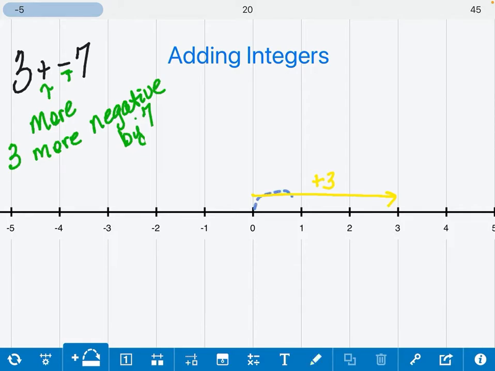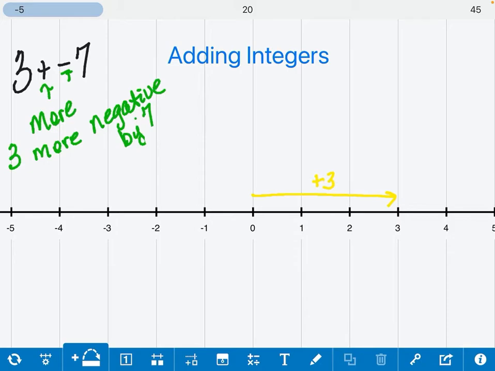One more time, 1, 2, 3. You're looking at the length of that line. The length of that line is a positive 3. And now we want to get more negative by 7. If we want to get more negative, do I go to the right or do I go to the left? Yeah, we go to the left to get negative.